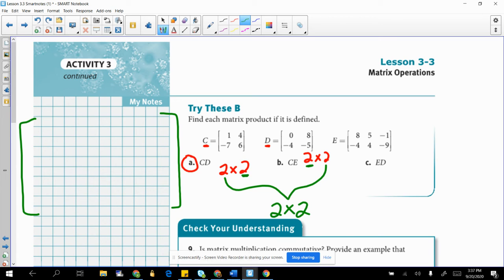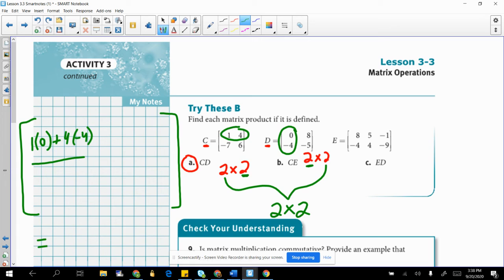Okay, and let's go ahead and work through this step by step. Okay, so I know if I want to fill this spot here, that is your first row, first column. So I'm taking my first row, first column. Okay, and that's going to be 1 times 0 plus 4 times -4.